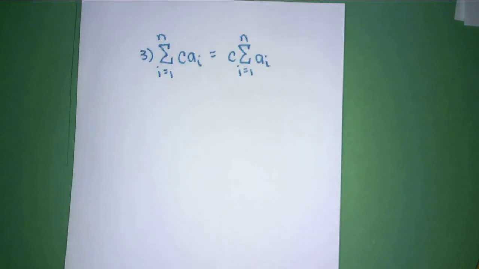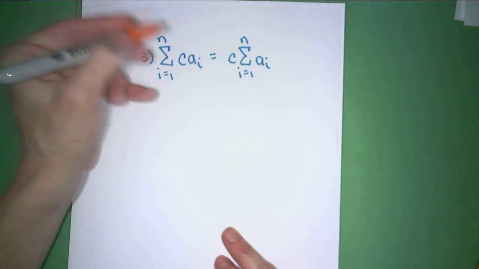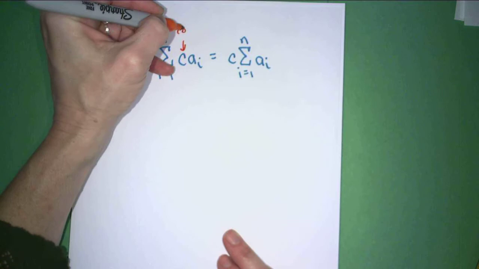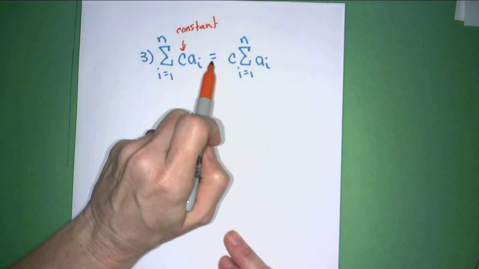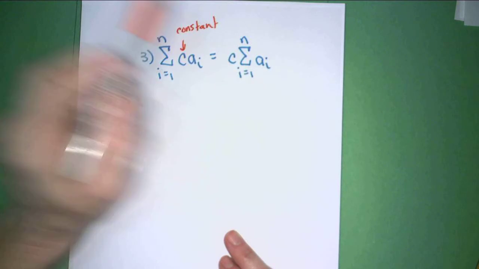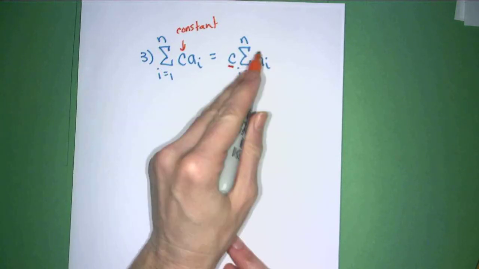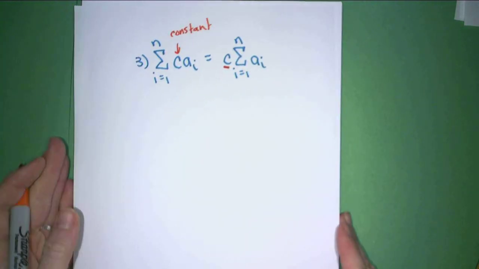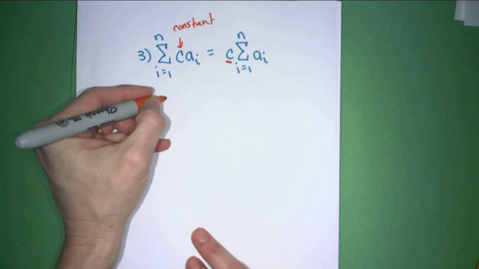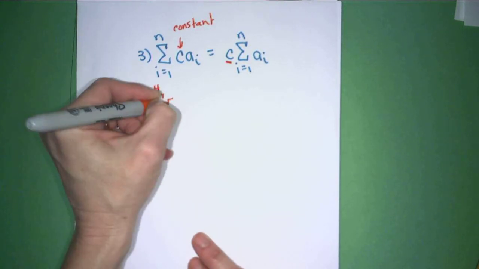This formula just states that if you have a sum from i equals 1 to n of a constant times a sub i, you are allowed to rewrite this with the constant pulled out to the front times the summation from i equals 1 to n of a sub i. So an example of that might look like this. Say we were summing i equals 1 to 4 of 5i.